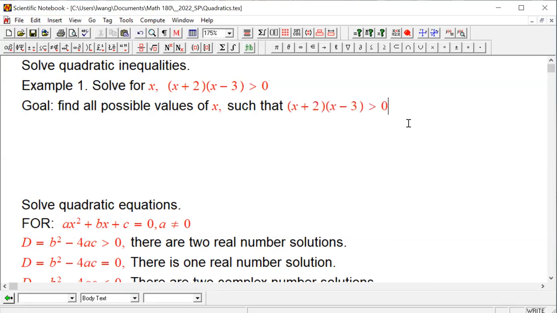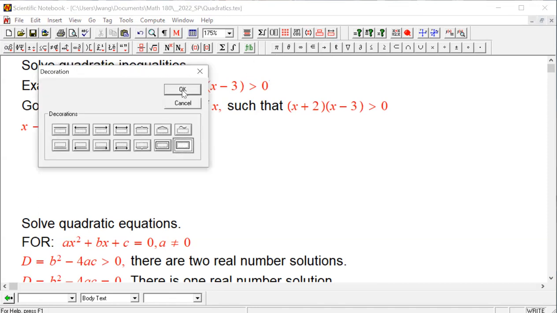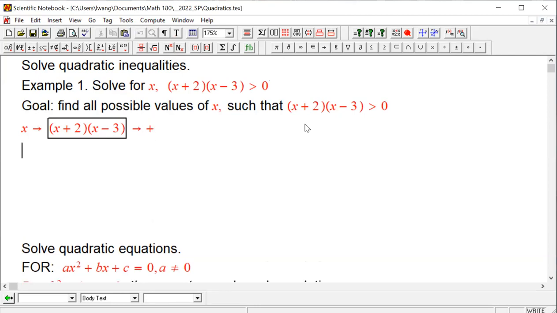We don't know what they are, right? You can also see this method as an unknown input, and the rule of the function is this product. And we want the product to be positive, right? We want a positive product. So that's another perspective.